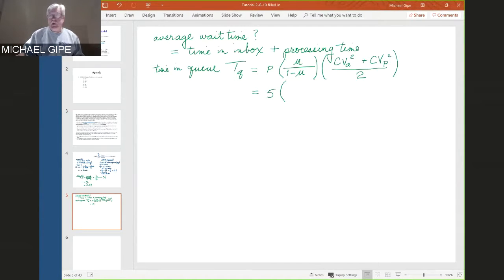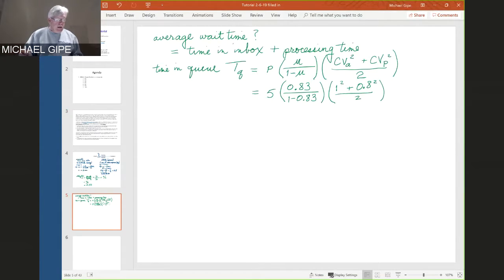5 for the processing time, 0.83, good thing we calculated that, and then 1 minus 0.83. And then we can also throw in our numbers for the coefficients of variation, 1 squared and 0.8 squared, all divided by 2.